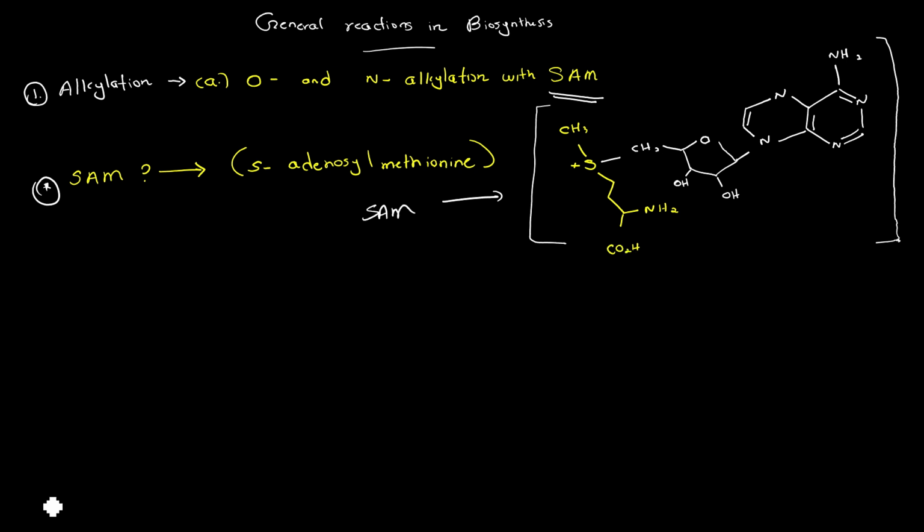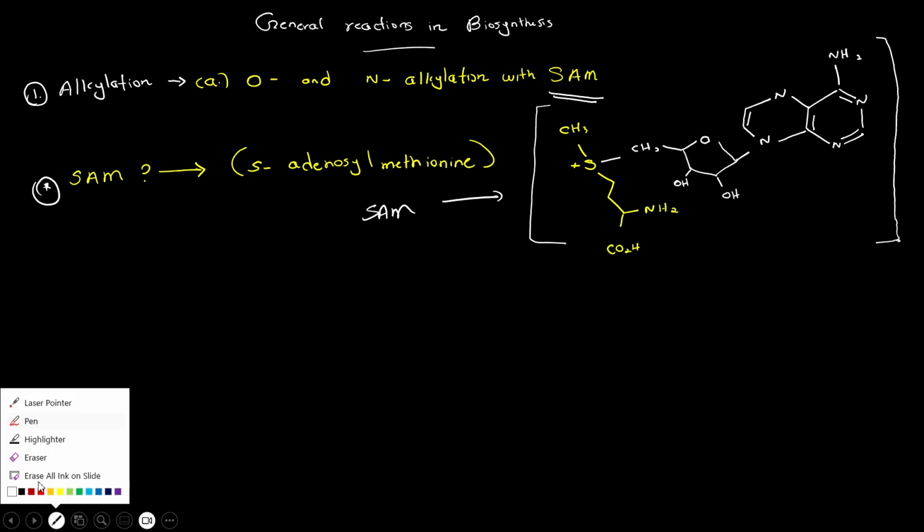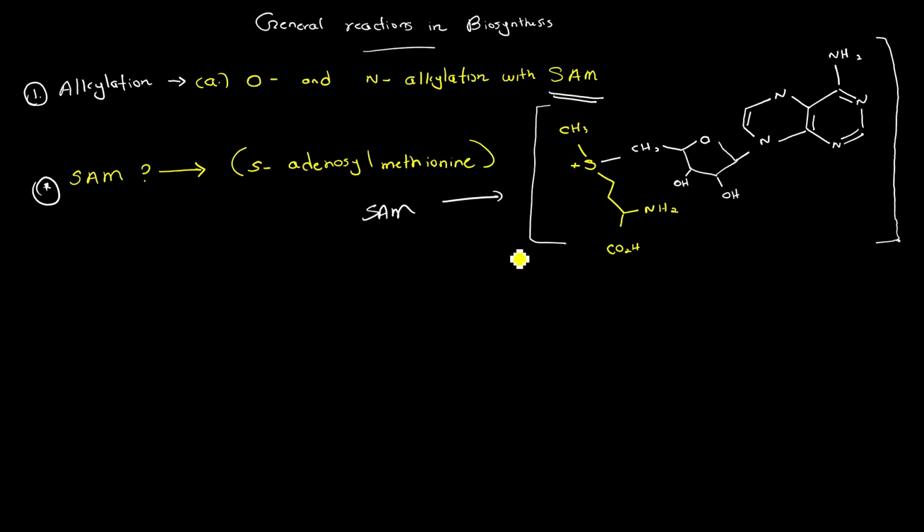The most important thing is, let me take a color. Okay, let's take this one. Here we have a methyl group, and this is our sugar part. We denote it as AD, this adenosyl part, right? This is a sugar part.